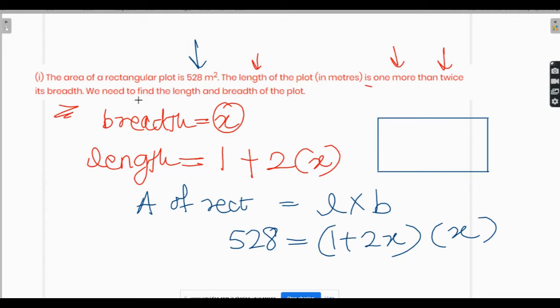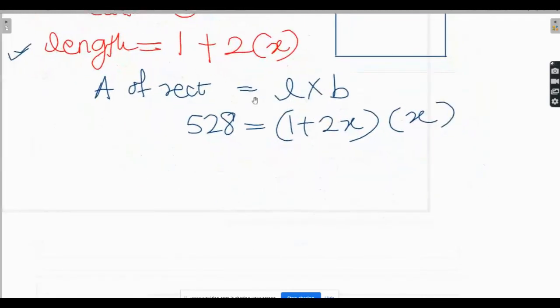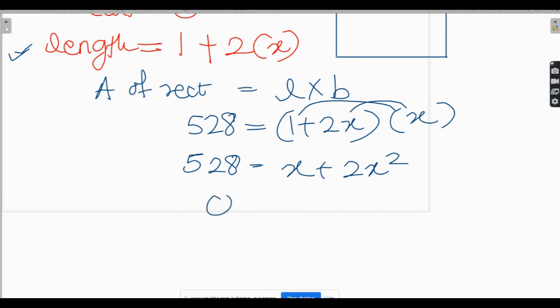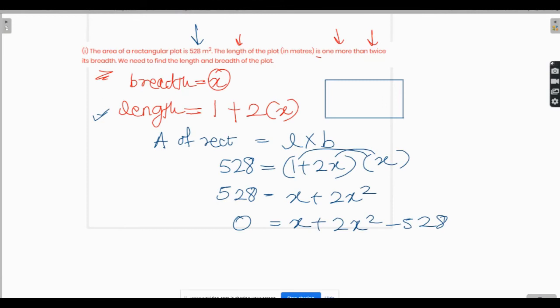What was difficult is to write this equation, but if you go word by word like me, it is very easy. So 528, this x will get multiplied with this and this, and this will become x plus 2x square, and 528 will come that side. Done. That's it. Pretty simple.